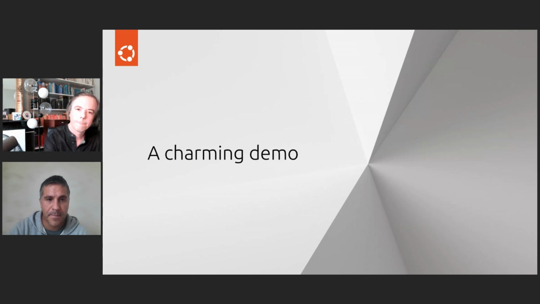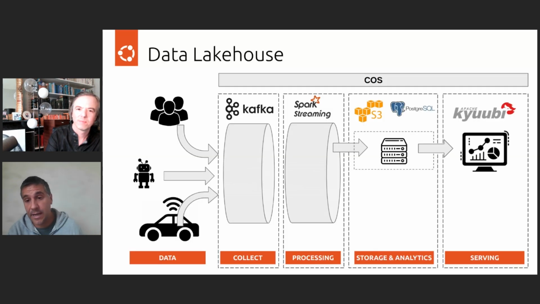Okay, so what we wanted to do today was, with the premise of Rob, to actually set up and demo how to build a data lakehouse using these open source projects.